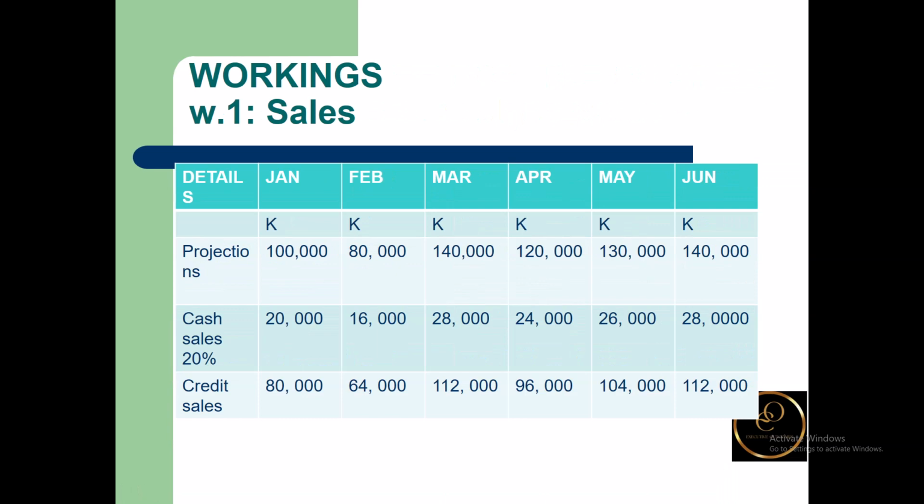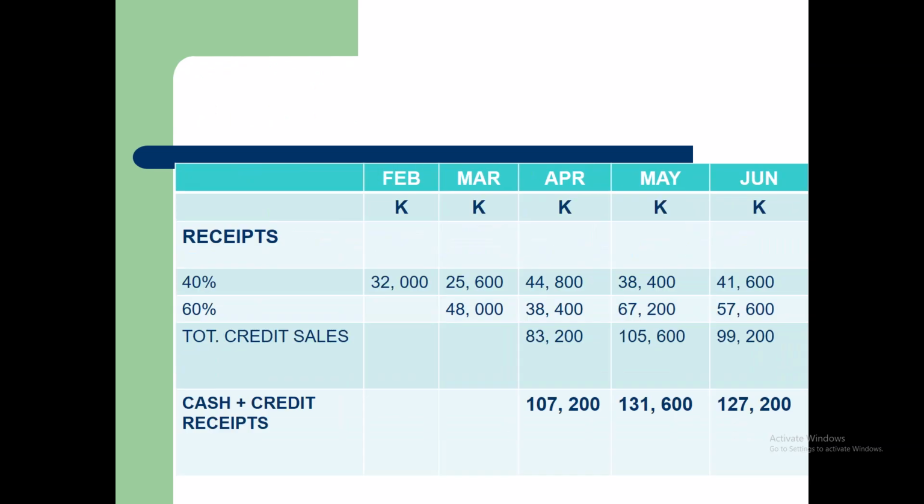So let's look at the next slide, where we see how the credit sales are supposed to be received. So it falls under receipts relating to the sales and split into 40% and 60%. As per note, 40% is money going to be received from these debtors in the month following the month of sale, and the balance in the month that follows.